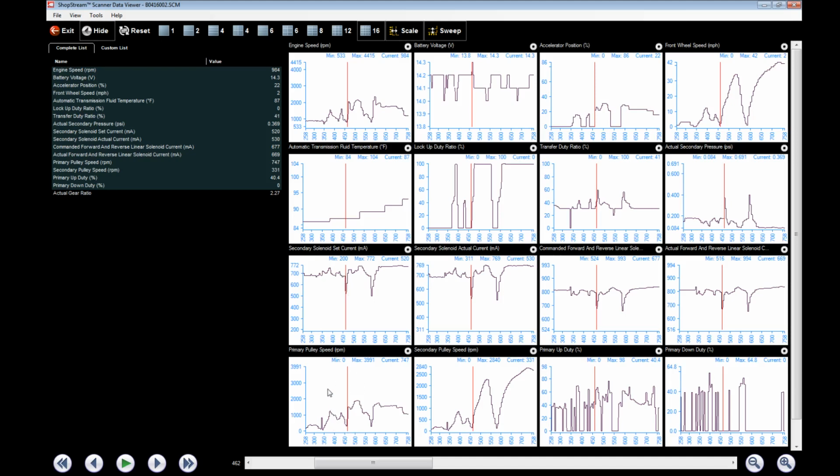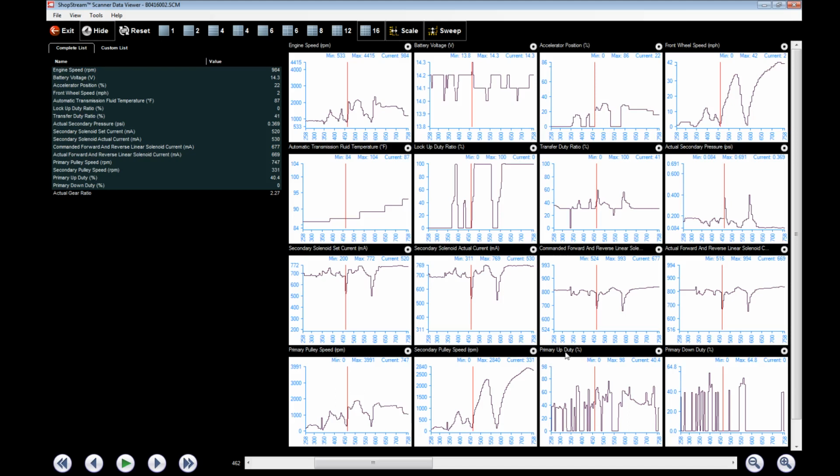Primary speed, pulley speed RPMs is measuring off the primary pulley itself. Secondary pulley speed RPMs is measuring off the secondary pulley. They use those numbers for calculating the ratio and also to see if the chain is slipping, to set it in limp mode if it is slipping for some odd reason.